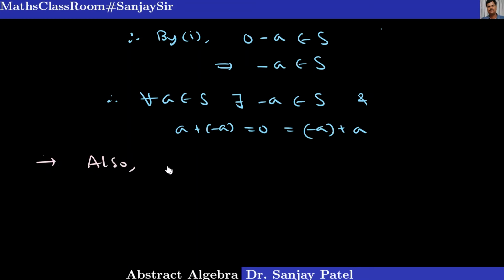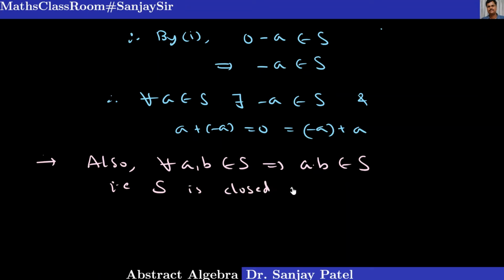We also have, for every A, B belongs to S, implies A into B belongs to S. So that is, the set S is closed with respect to multiplication. This is given to us in the hypothesis.